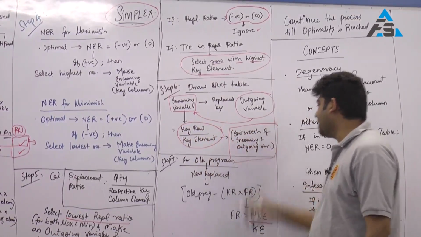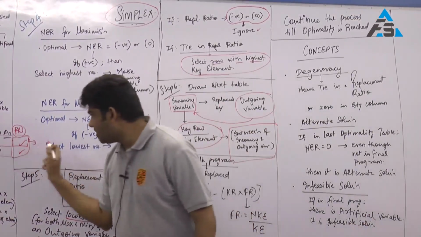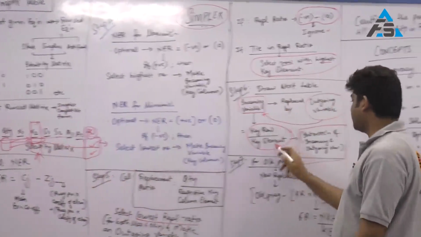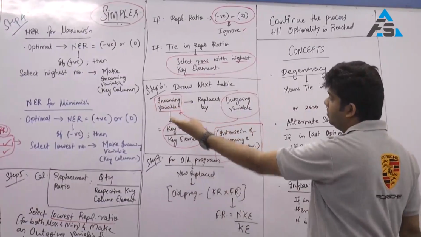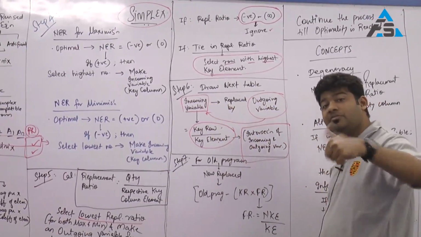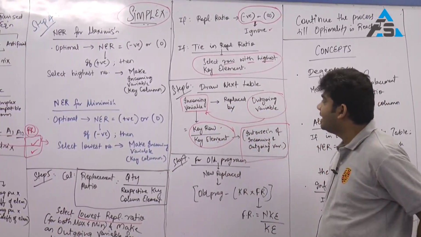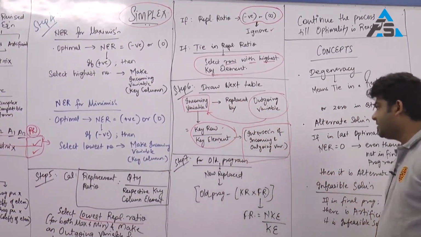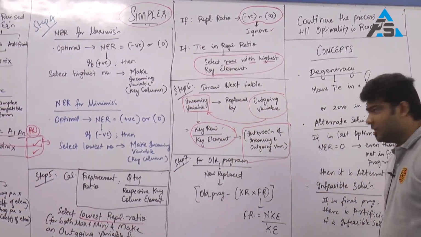Intersection of incoming and outgoing variable. So outgoing variable, incoming variable, there is an intersection. This is your key element, and key row we all know is your outgoing variable numbers. That becomes your incoming variable for the next table. So incoming variable replaced by outgoing variable, key row upon key element, intersection of incoming and outgoing variables.